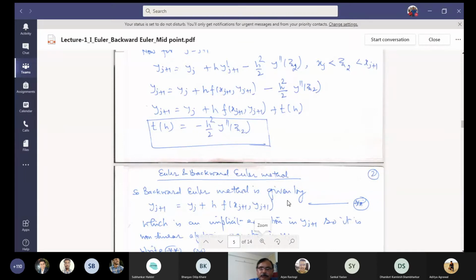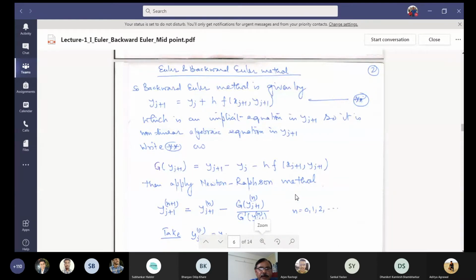This will be the function F of yj plus 1 equal to 0, for which you have to find out the value of yj plus 1. What I have written as g does not matter. So you write g of yj plus 1 equal to yj plus 1 minus yj minus h of f of xj plus 1, yj plus 1. And then we have to apply Newton-Raphson method.